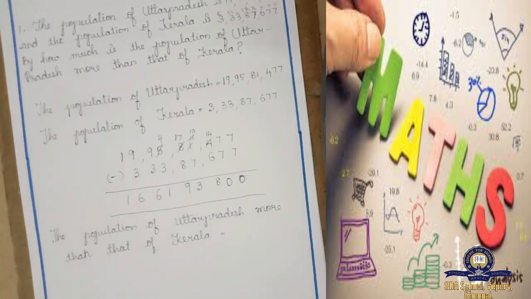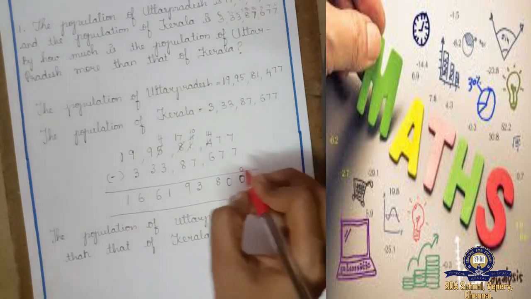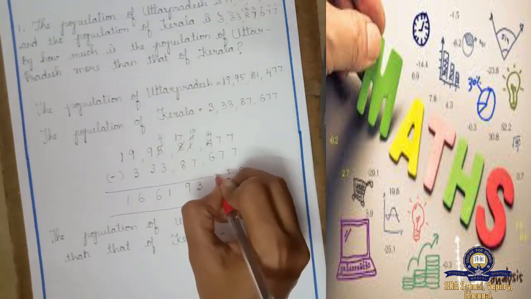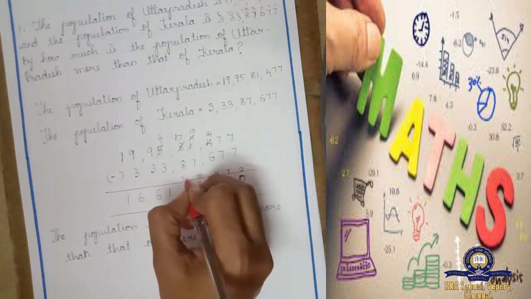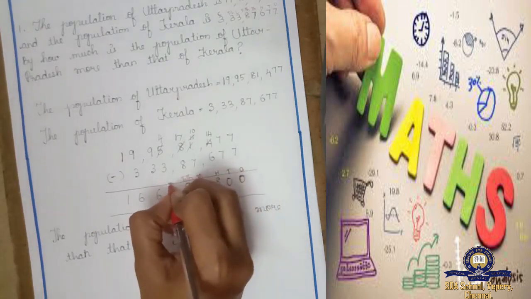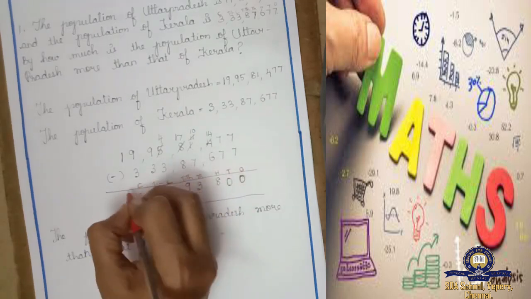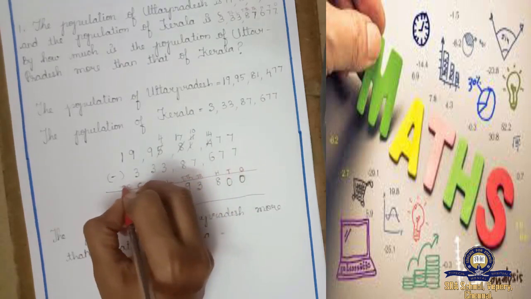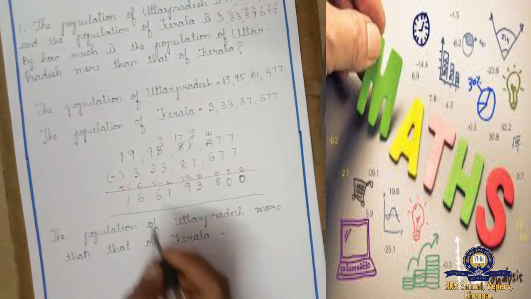So before that we can write the place value over the numbers. Ones, tens, hundreds, thousands, 10,000s, lakhs, 10 lakhs, crores, and then 10 crores. So now you can mark the commas.